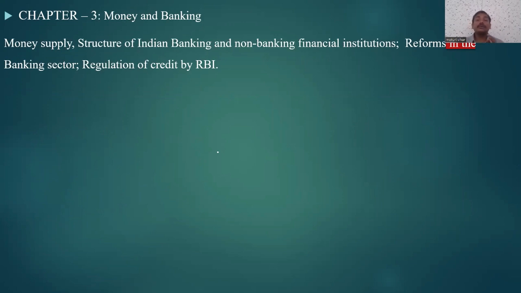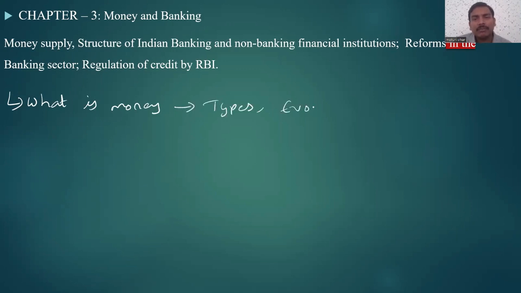So it plays a crucial role in any economy to survive. Now let's see. When it comes to money matters, the first important thing is: what is money? In this, the types of money, evolution of money, etc. will be asked.